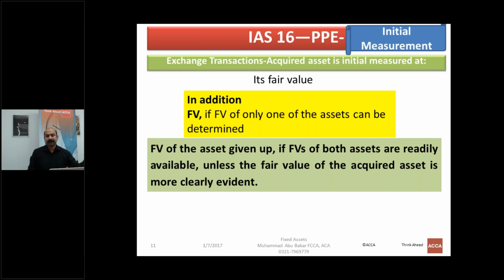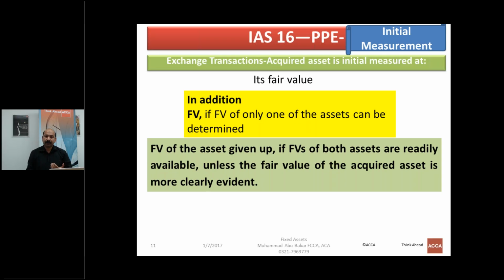The principle is very simple. In case of exchange of assets, we are discussing at what amount the acquired asset should be recognized. The acquired asset should be recognized at its fair value. So there could be a fair value of what?